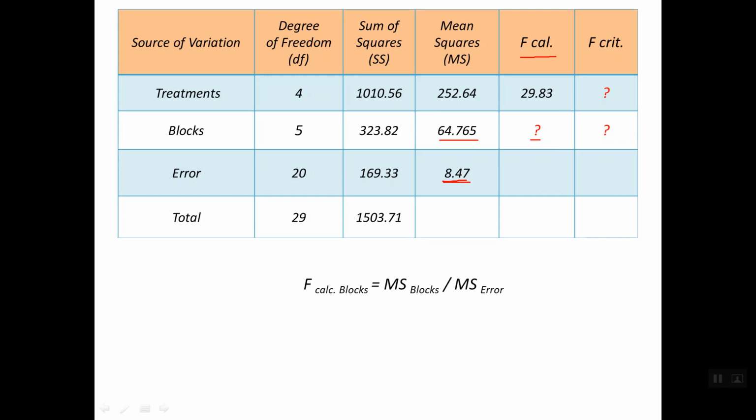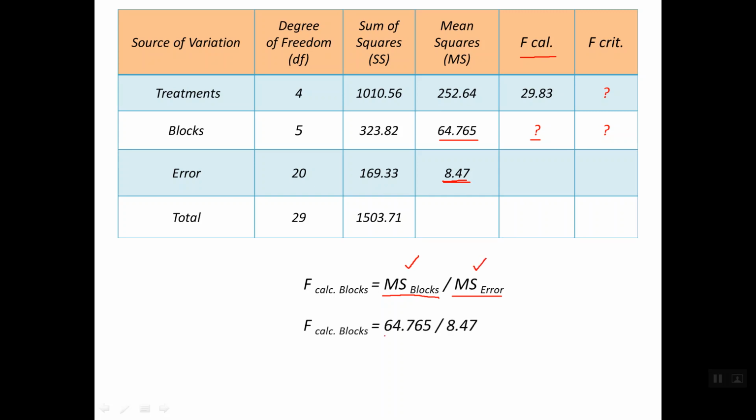So this is the formula to find the value of the calculated F for the blocks, by dividing the mean square of the blocks by the mean square of the error. Both of these two values are known.